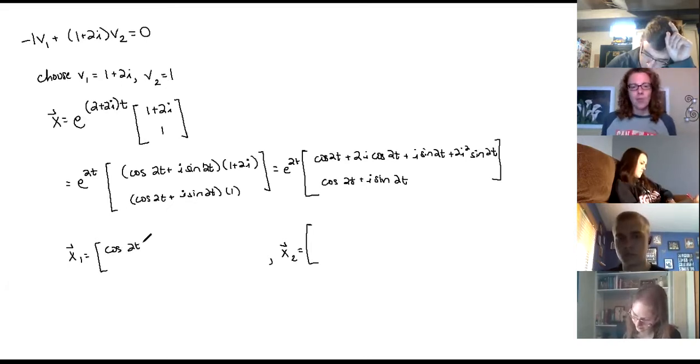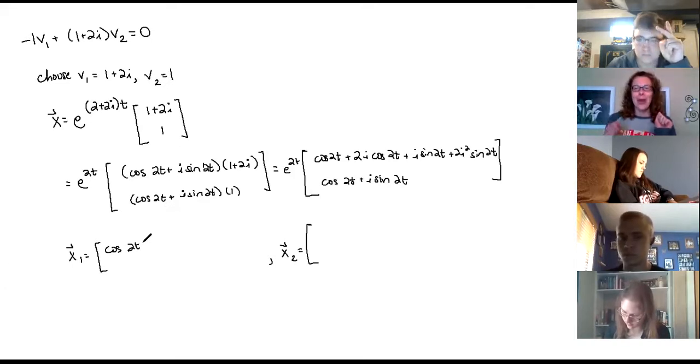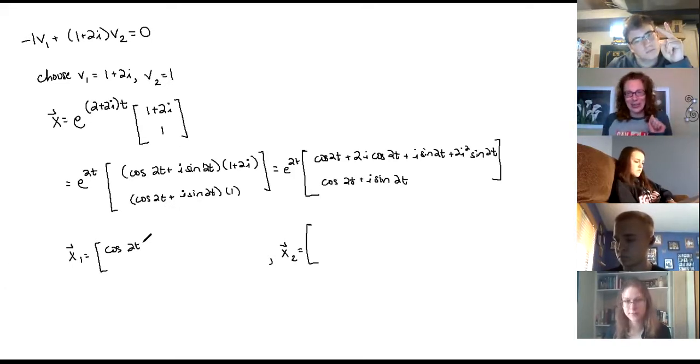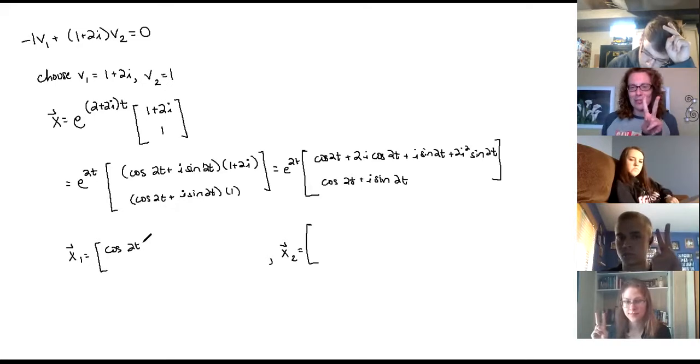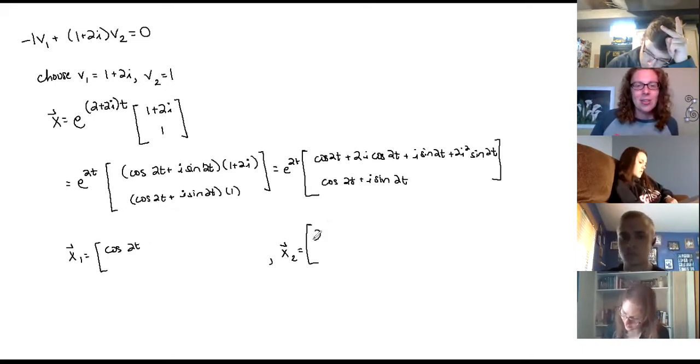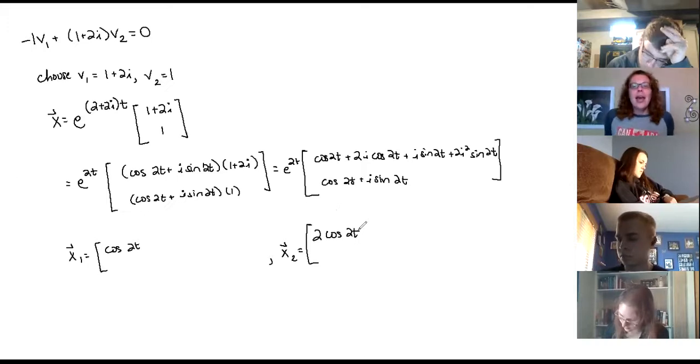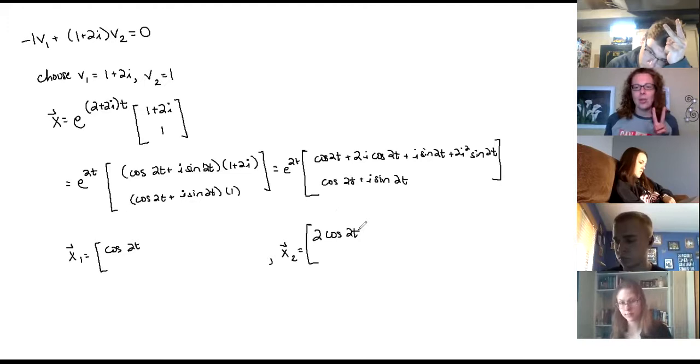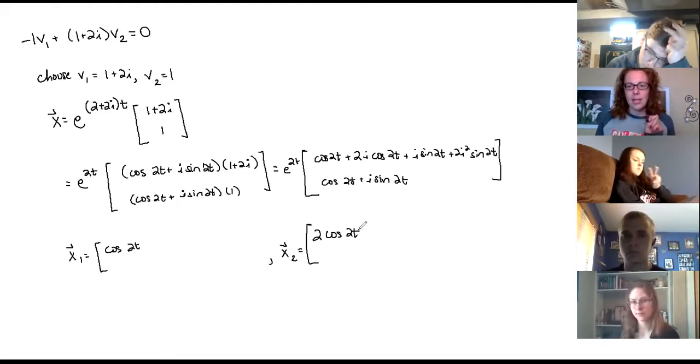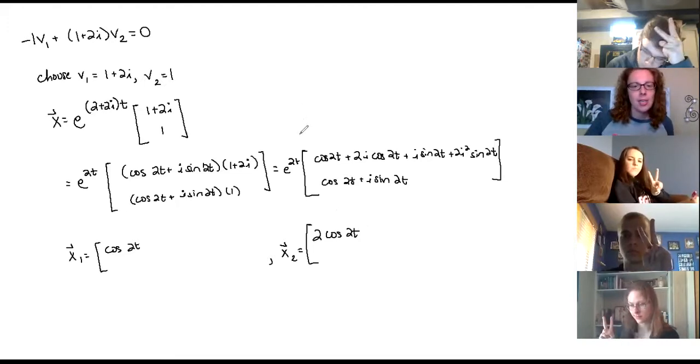Next part in the top row, x1 or x2? Next piece, top row, x1 or x2. There we go. 2, good. So 2 cosine 2t. Next piece, top row, x1 or x2. x2, thank you.